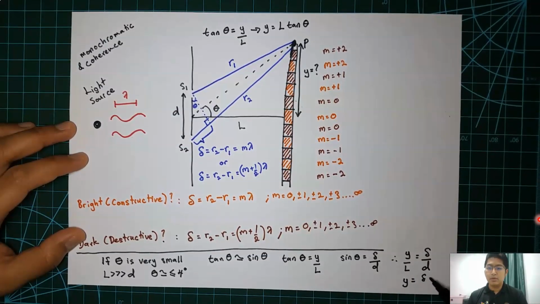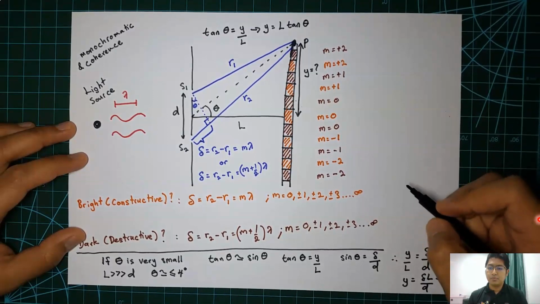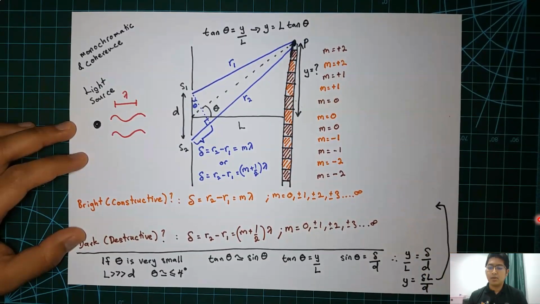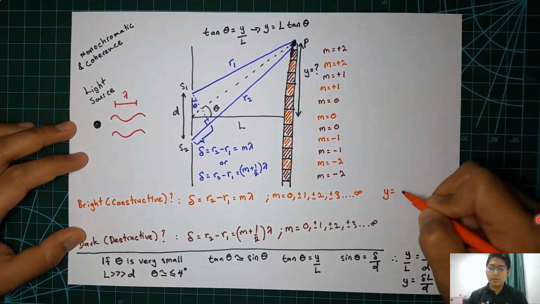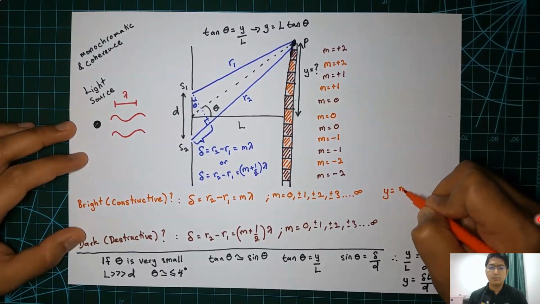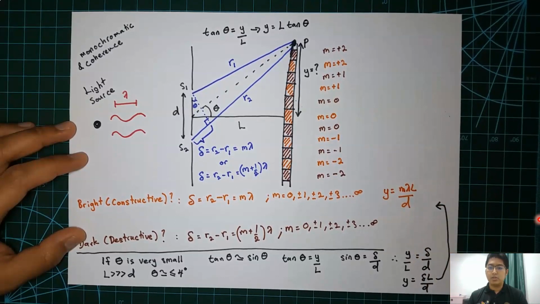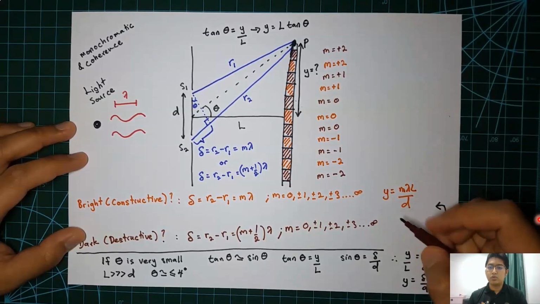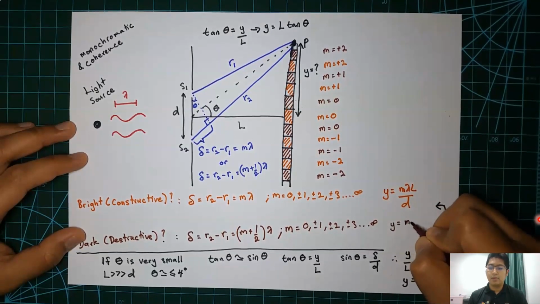The path difference for the bright fringe is m lambda. So you can apply this equation, y equals path difference times L over d. For the bright fringe, y equals m lambda times L divided by d.